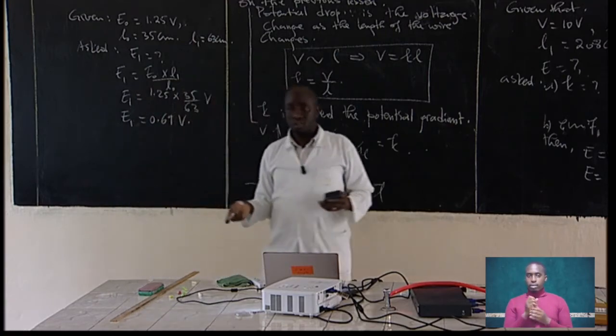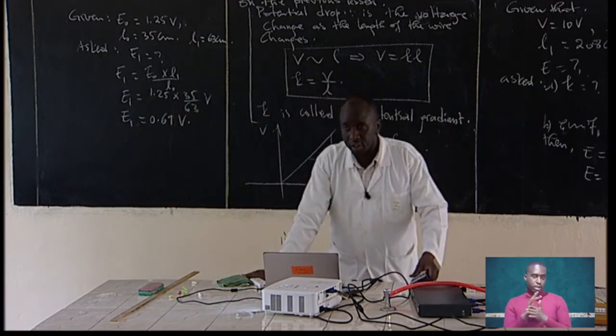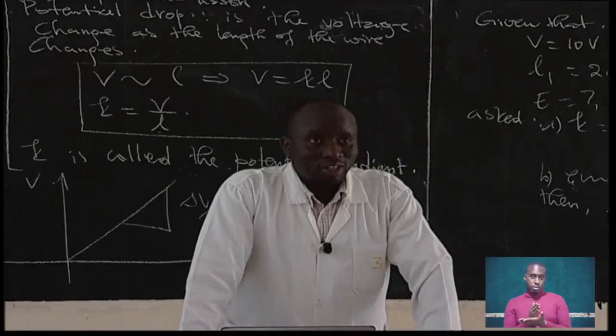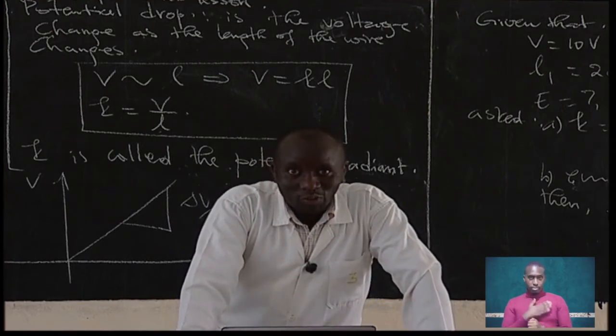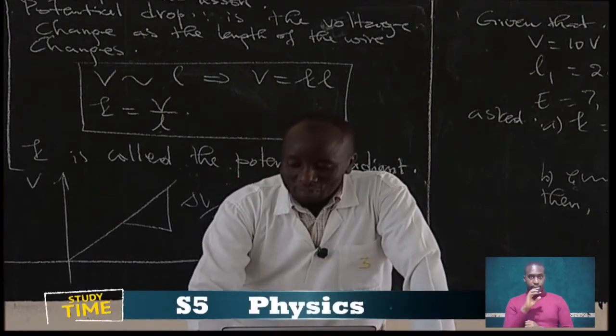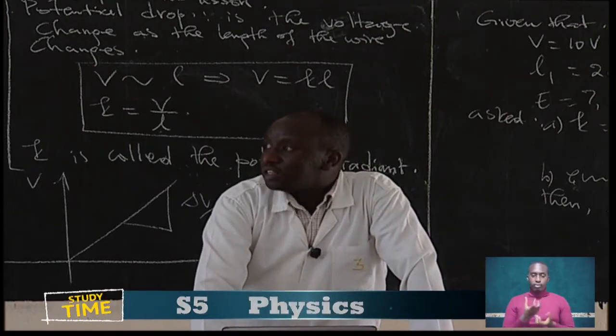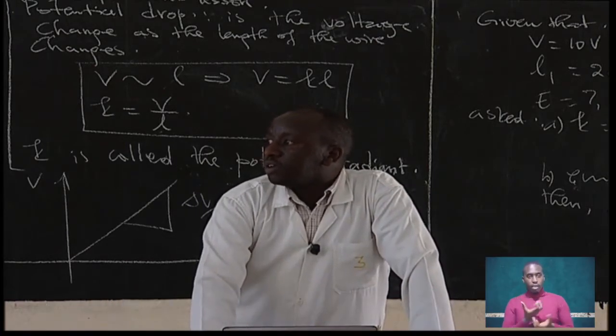So we find this one. Did you find the same answer? Students, I hope you have worked with me to find the answer by substituting the data into that one, right?